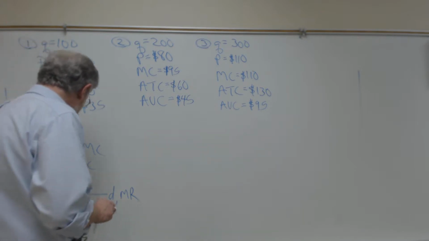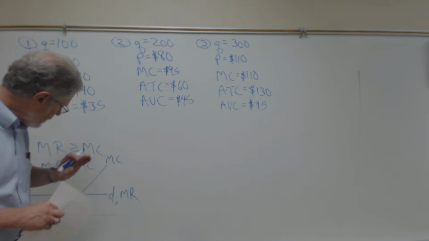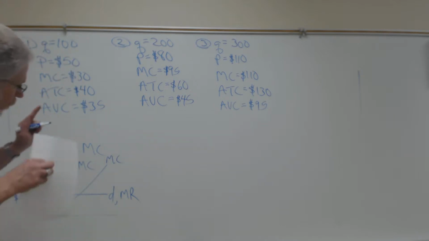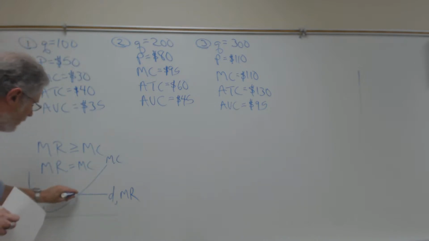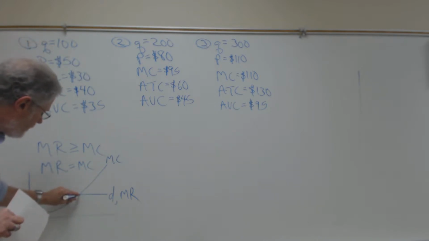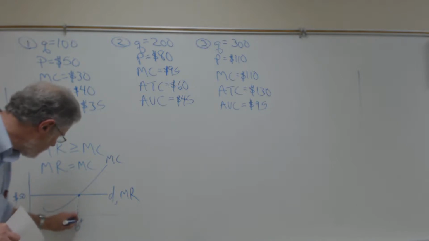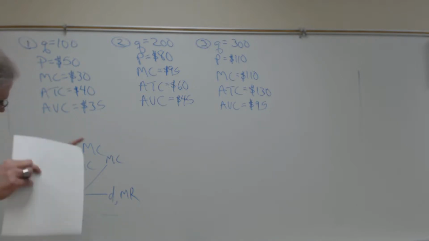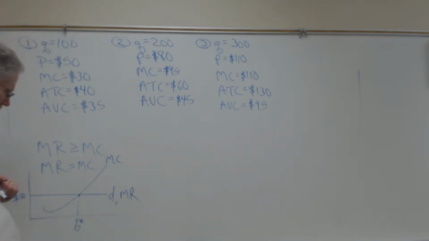It has a marginal cost curve that looks like our typical marginal cost. Where should the firm produce? It should produce where MR and MC are equal. It should be producing right there. Okay, that's Q star.